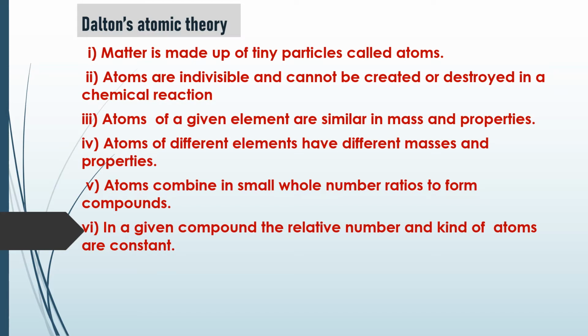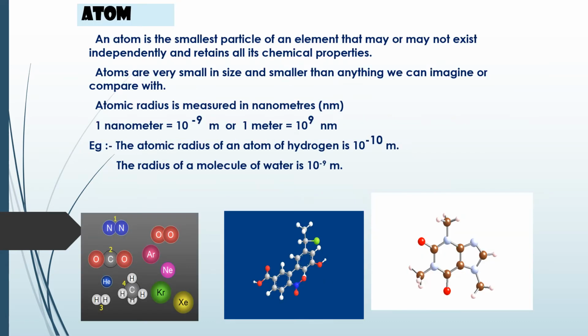Atoms of different elements have different masses and properties. Atoms combine in small whole number ratios to form compounds. In a given compound, the relative number and kinds of atoms are constant. So these were the postulates of Dalton's atomic theory. This has to be studied.